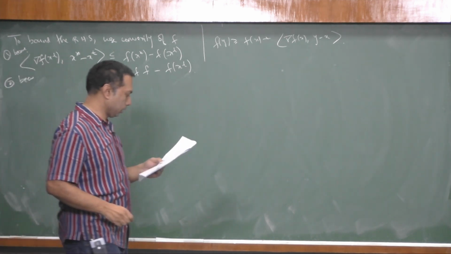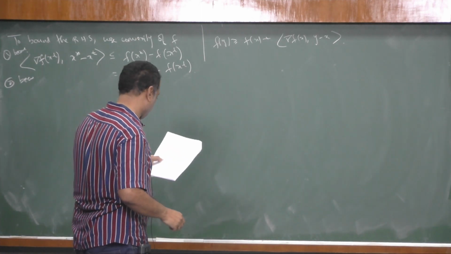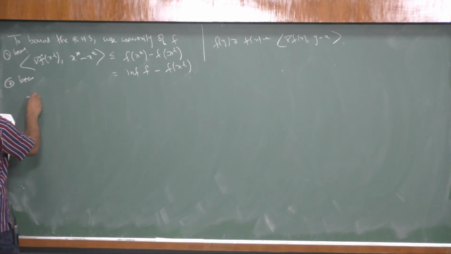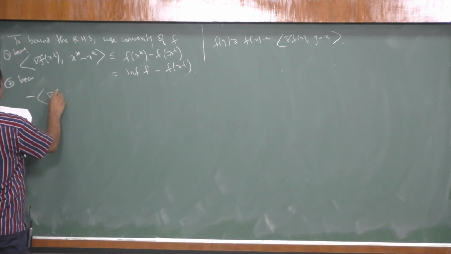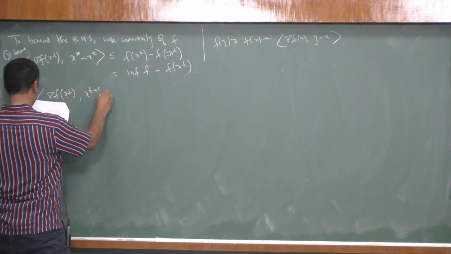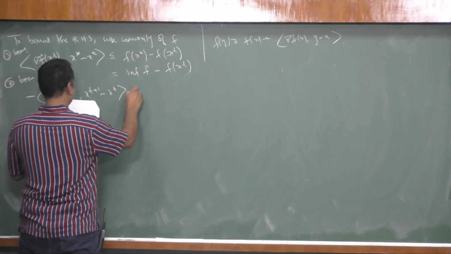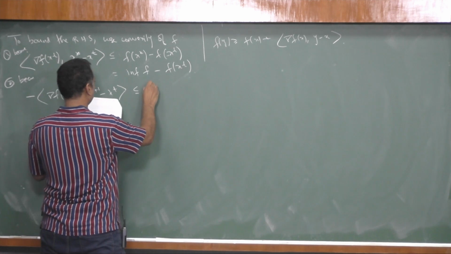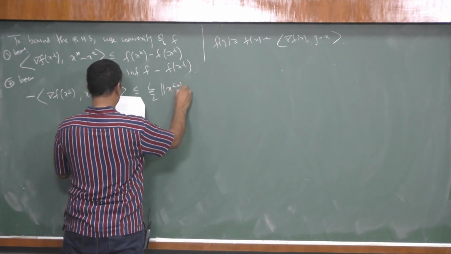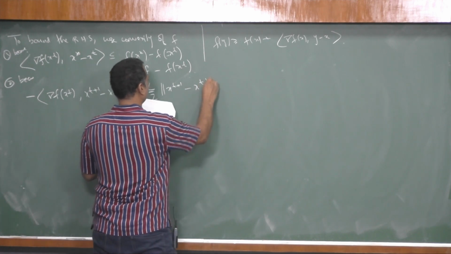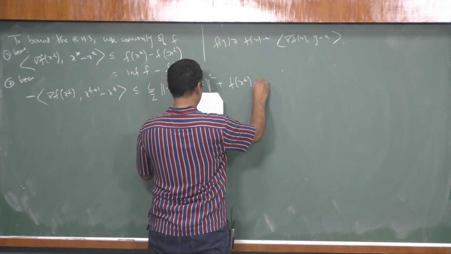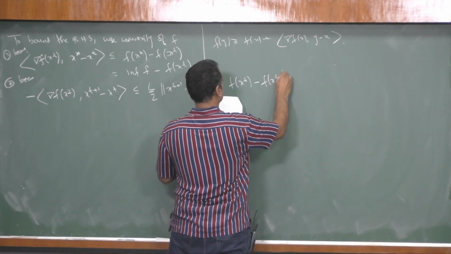So in this case we have grad f xt times xt plus 1 minus xt, and this is less than or equal to L by 2 norm of xt plus 1 minus xt squared, plus f xt minus f xt plus 1.